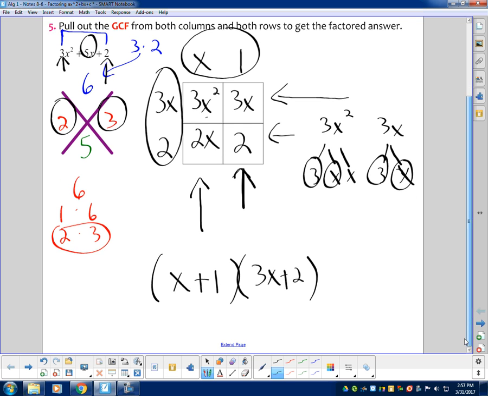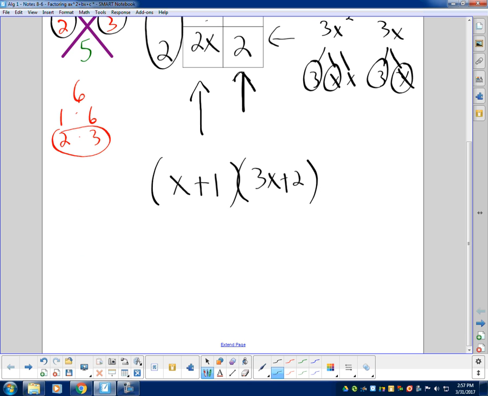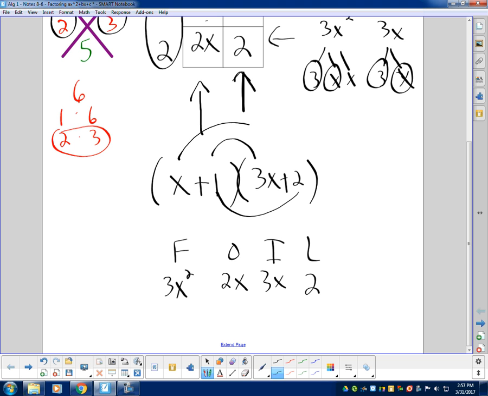Just to check that, if I use FOIL, multiply the first terms, x times 3x is 3x squared, x times 2, the outer term, is 2x, 1 times 3x, the inner term, is 3x, and then 1 times 2, that's the last term too. So by using FOIL, we can see that we get the original trinomial, 3x squared plus 5x plus 2.